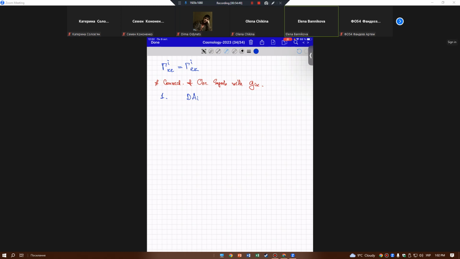Since, as we know, the covariant derivative and corresponding differential create finally also a tensor, we can apply the rule of raising and lowering of indexes. So I can write that it will be g_ak, k, dA_k.